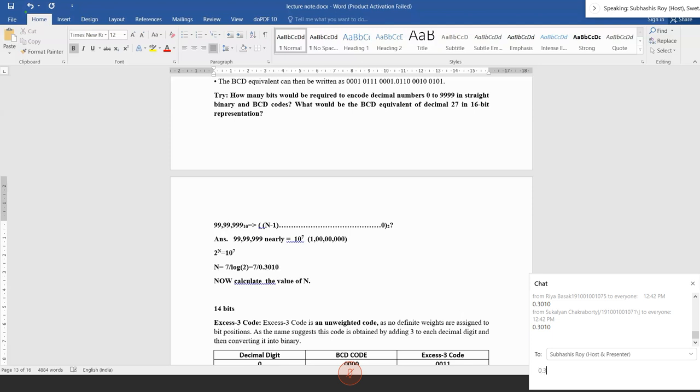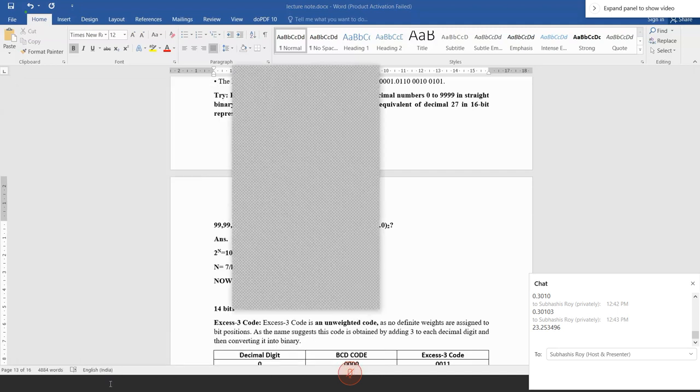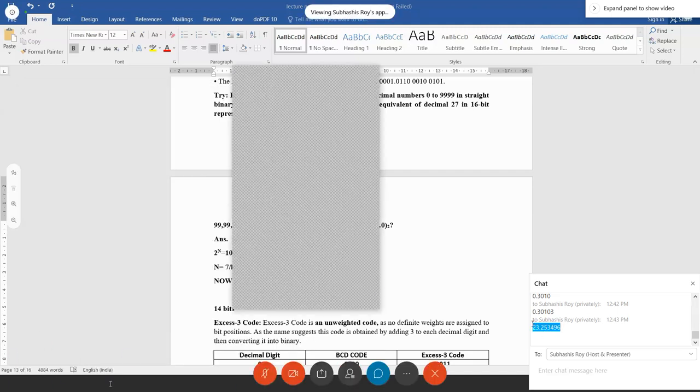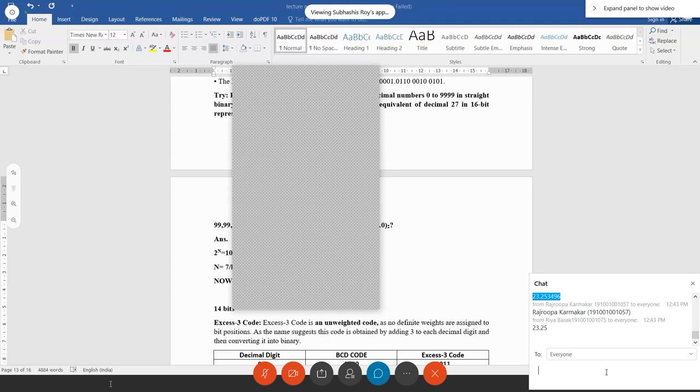So log 2 is 0.3010. Okay, so what will be your result here? 7 divided by 0.3010 gives 23.255.